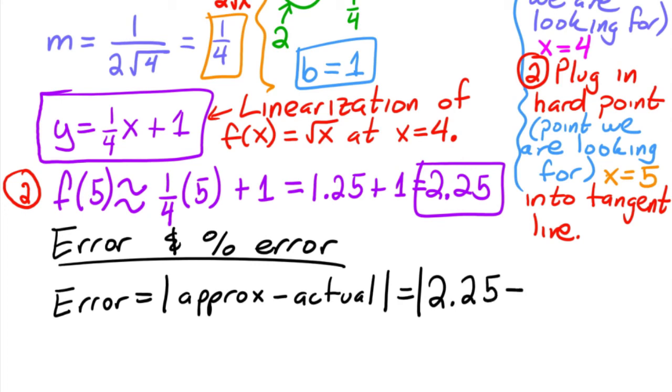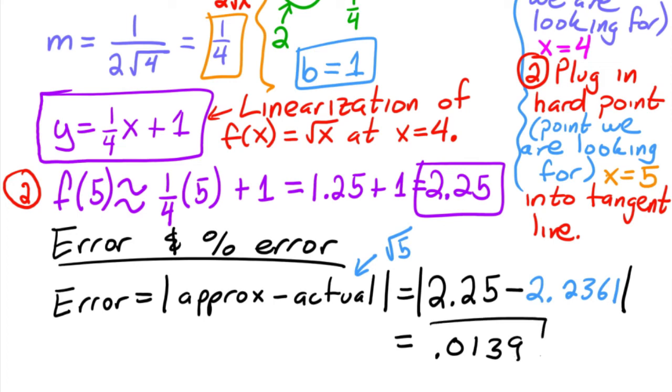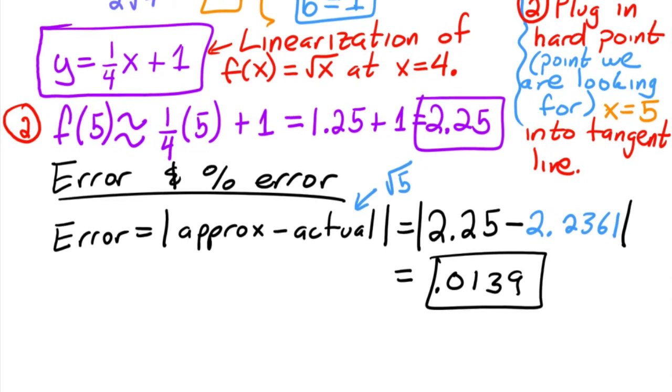You can get this by plugging square root of 5 into your calculator. If you do that, you would get 2.2361, rounded to 4 decimal places. This is equal to 0.0139. So that's how far off you are. I mean, that's pretty close, I think.